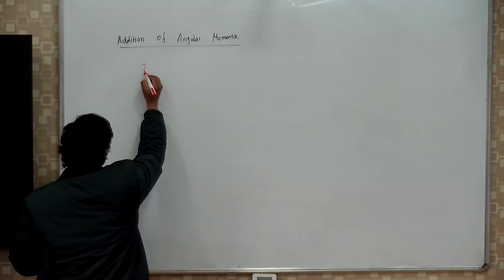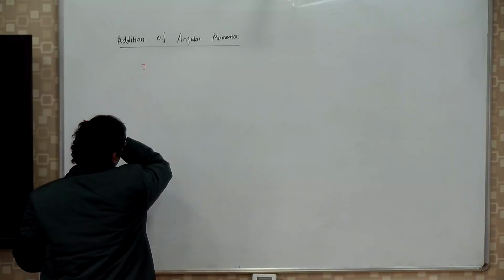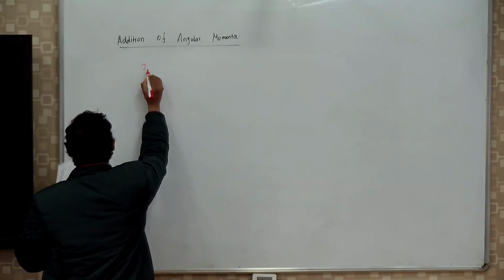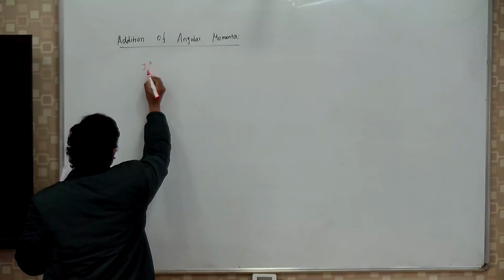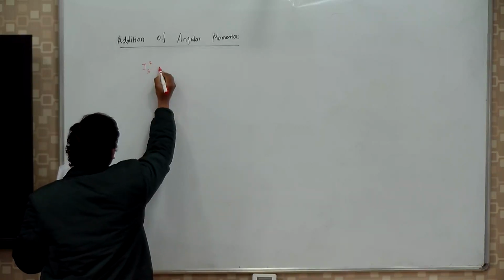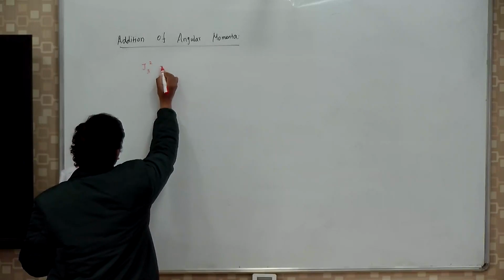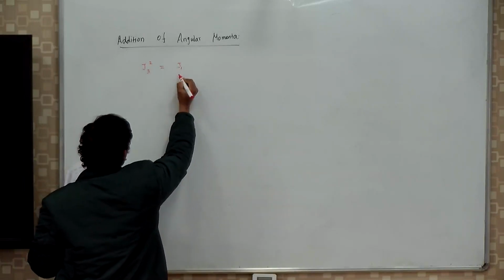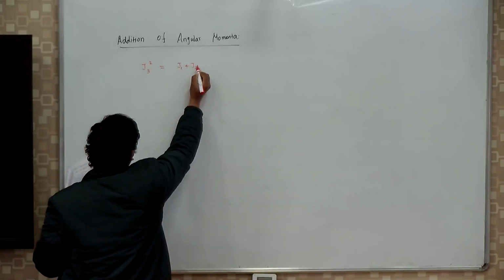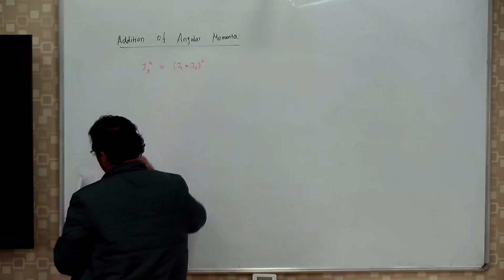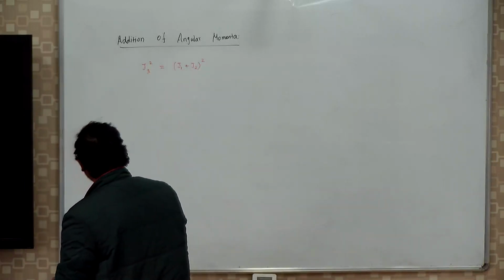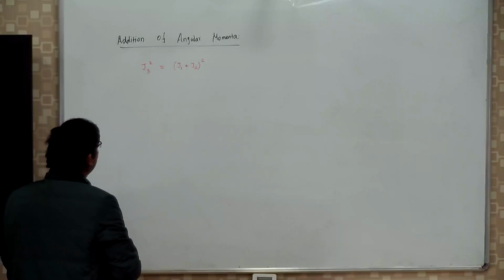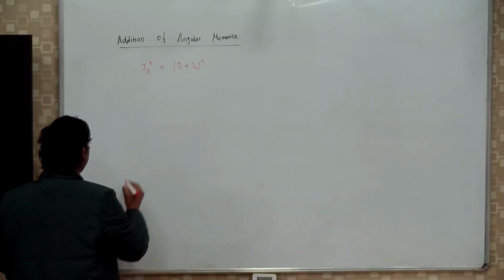For the Hilbert space H3, the total angular momentum J3 squared can be written as (J1 plus J2) squared, because the vector model for the coupled basis is as follows.